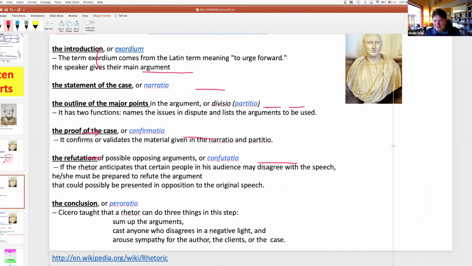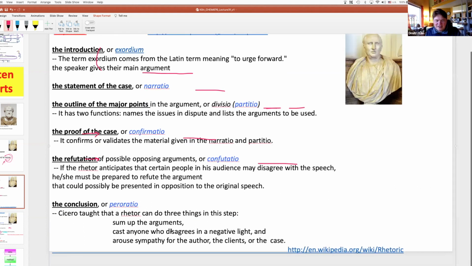So it recommends that in the peroratio, which is the conclusion, just like when one takes a tablet, take one tablet per mouth, one should summarize arguments, blame anyone who disagrees, and induce positive feelings for the author, for the client, or for the case.